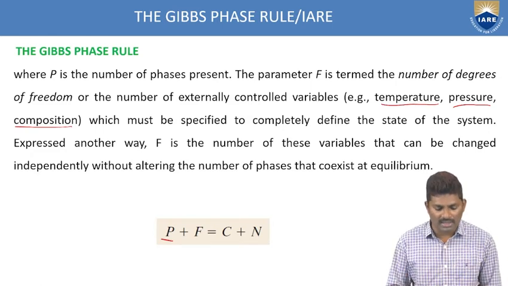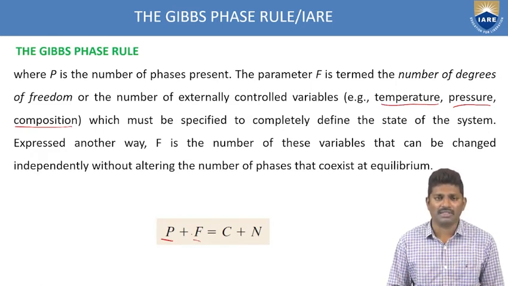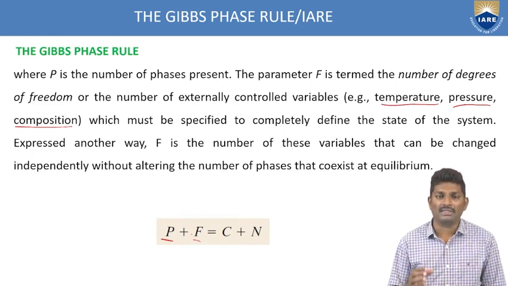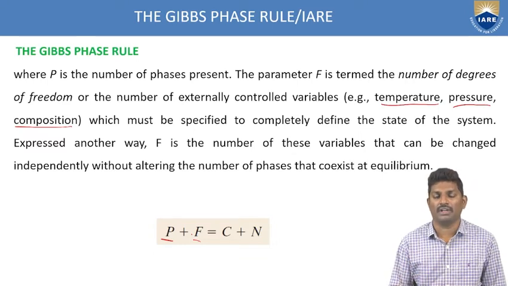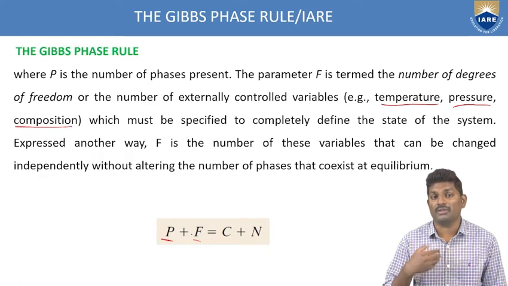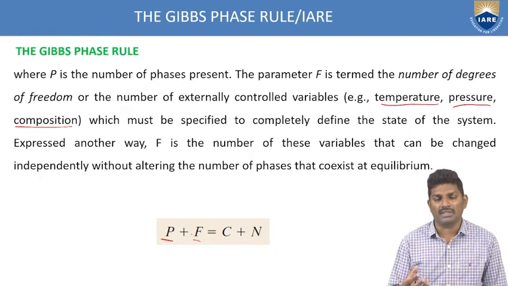That's why in this equation, P + F = C + N, F stands for the number of degrees of freedom, or the number of externally controlled variables, which we control in the elements or alloys present in the phase diagram. We can control these elements like temperature, pressure and composition.